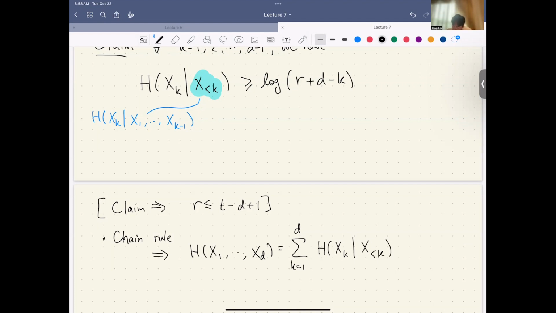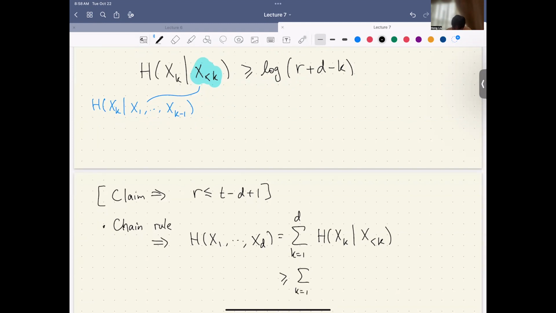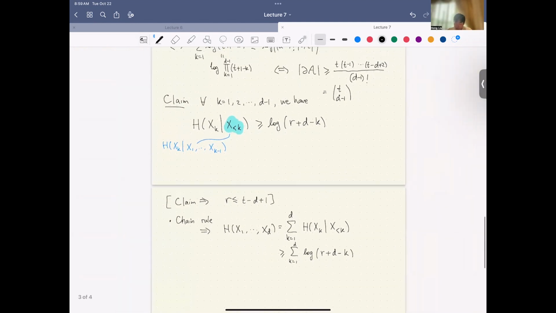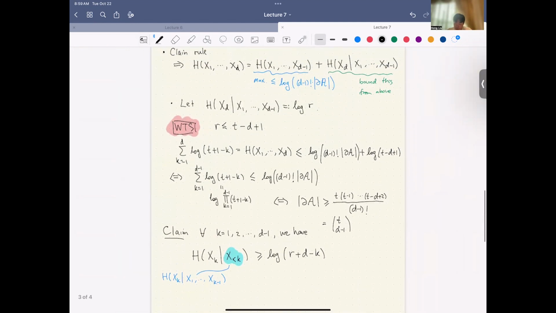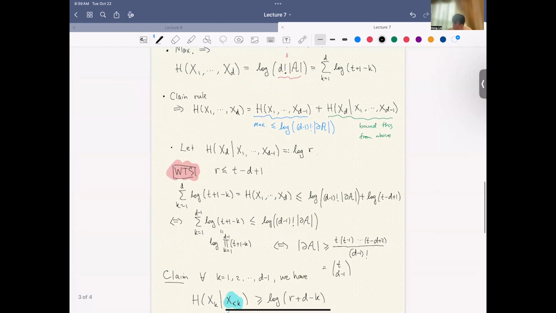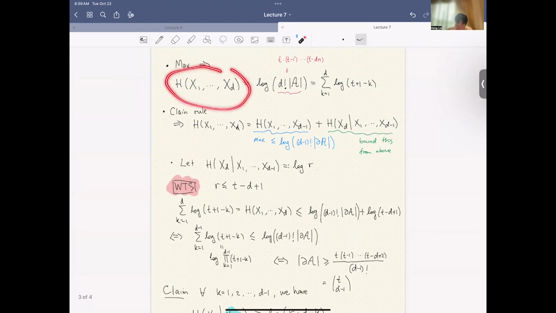And by the claim above, this is at least the sum over k from 1 to d of log (r plus d minus k). But recall, we also proved that this joint entropy equals this guy. So let's copy it.